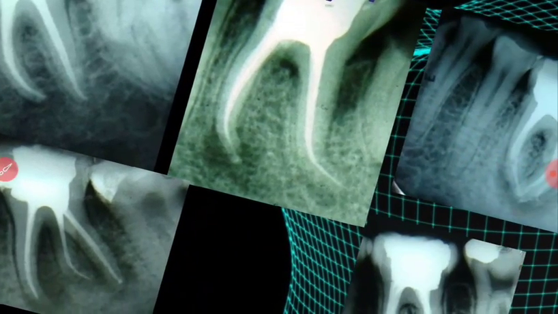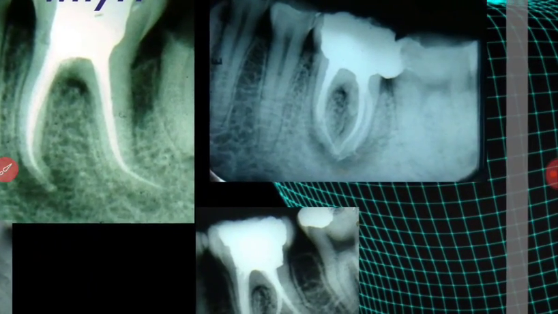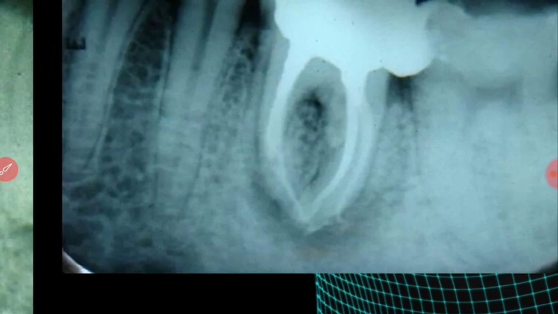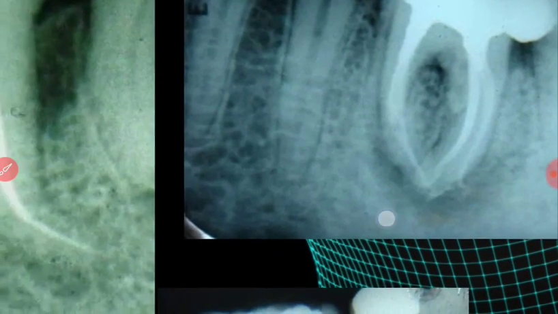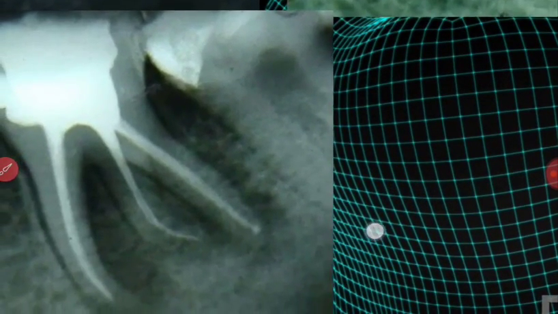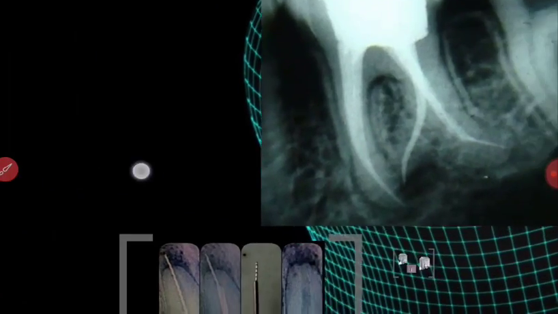These cases have been done with ProTapers, Carvo files, K3s and Hero Shapers. You can see these hugging roots and the sealer. Once upon a time I was a fan of making sealer puffs, but now I don't believe in them much. This is a case of an extra root in the distal of a molar, and there is something very interesting in this case, and you can see this broken file.